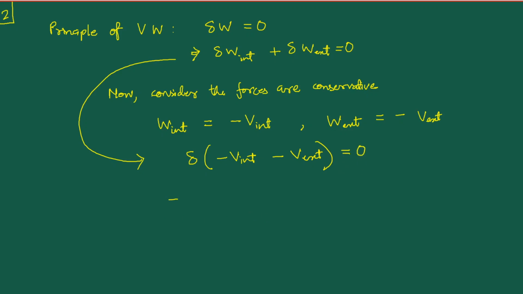Okay, now this basically means that we have a situation like this. This is very simple. And we all know from our previous chapter that the sum of this V internal and the V external, that is given by this, I don't have to write this bracket, this is the total potential energy.